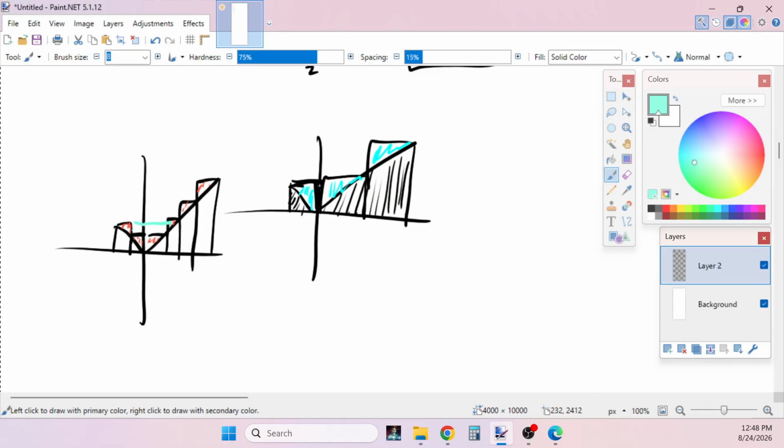I colored the wrong one. There we go. So I can clip out that chunk and that chunk, and get a better approximation by dividing the rectangles into smaller widths.